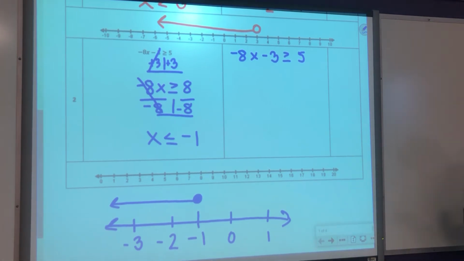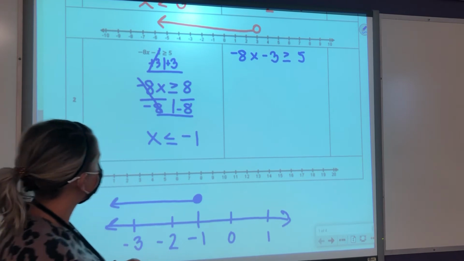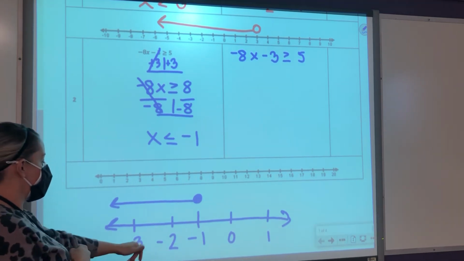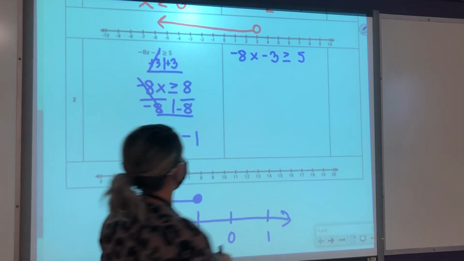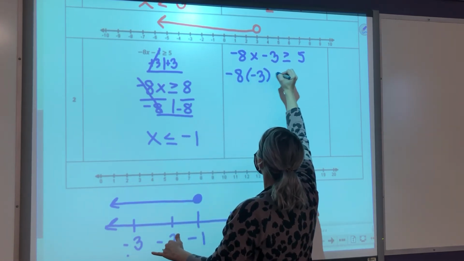All right, so I'm gonna just choose a value. Let's go -3. Okay, so I'm gonna rewrite with -3.